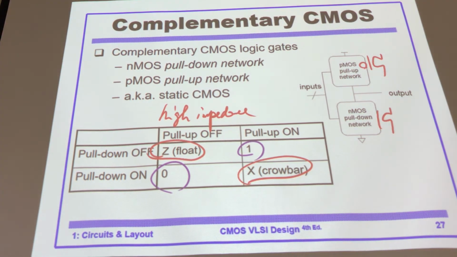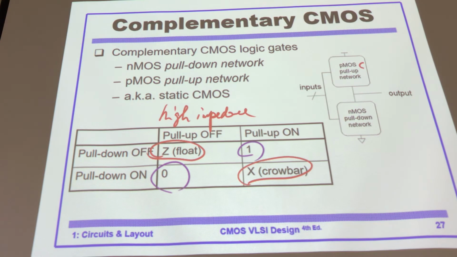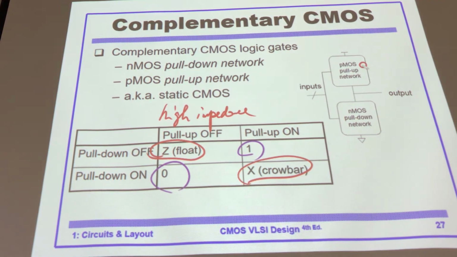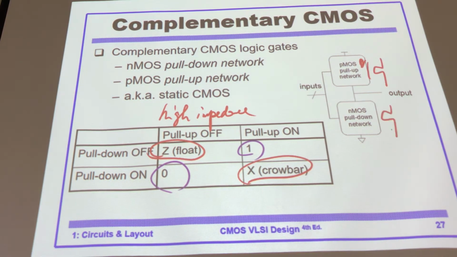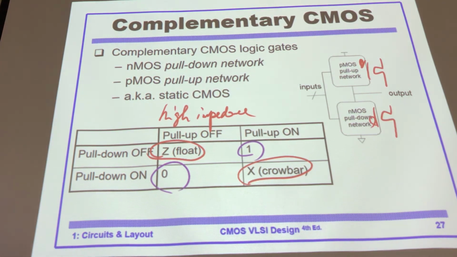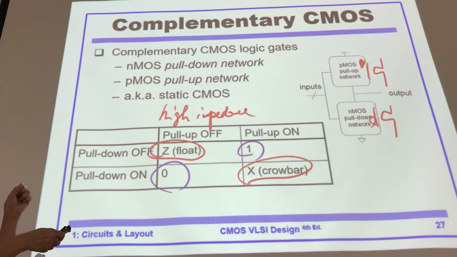If we do that the other way around, using NMOS in the pull-up network and PMOS in the pull-down network, that is going to be very bad. You're getting weak 0 and weak 1.